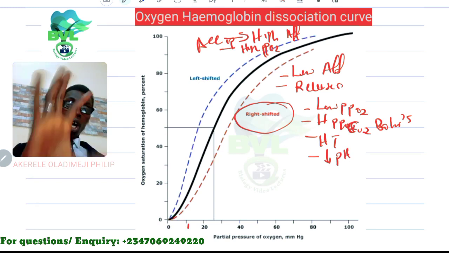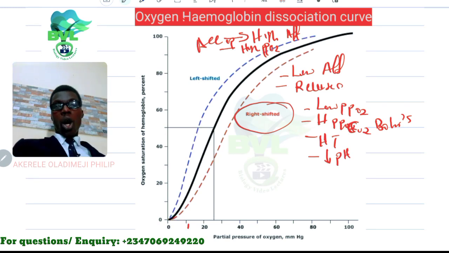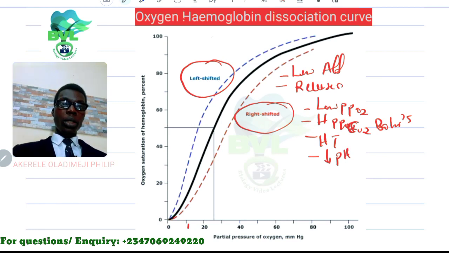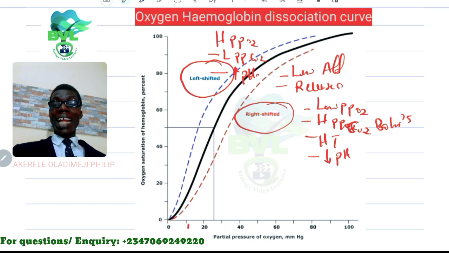which means it will cause hemoglobin to release oxygen. On the other hand, what can make your oxygen hemoglobin dissociation curve shift to the left? That would be what? High partial pressure of oxygen, then low partial pressure of carbon dioxide, then increase in pH. That's alkalinity.